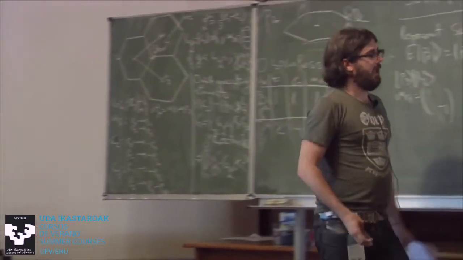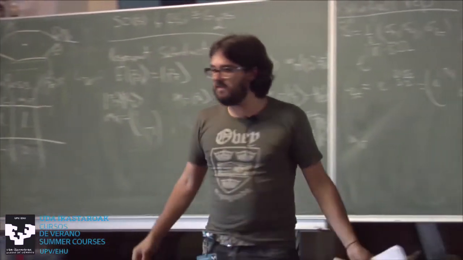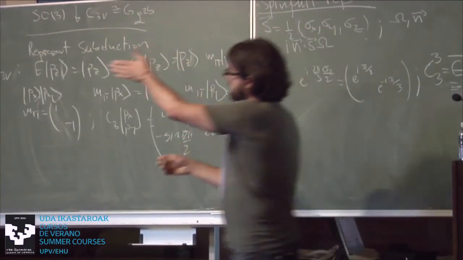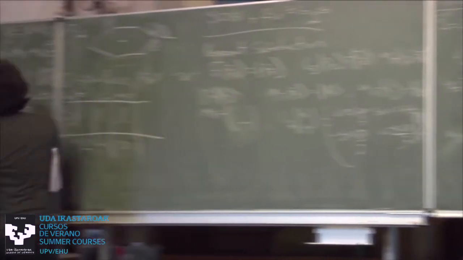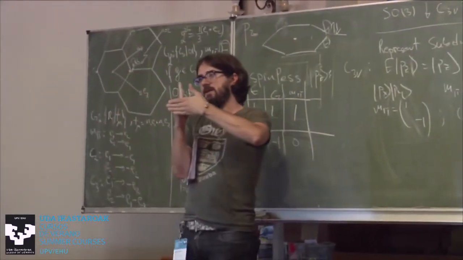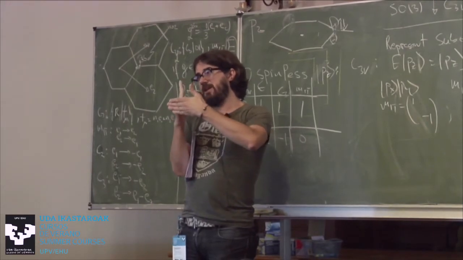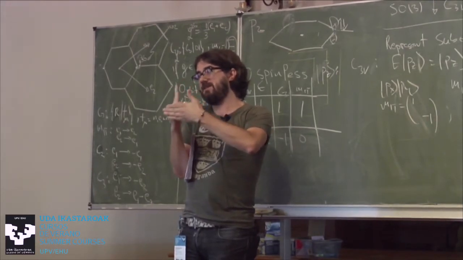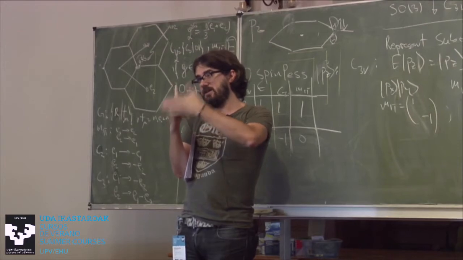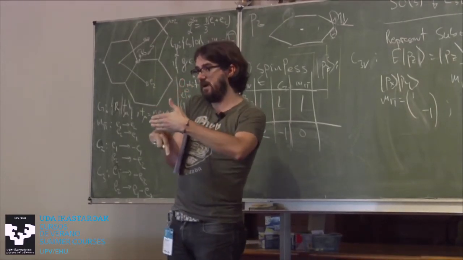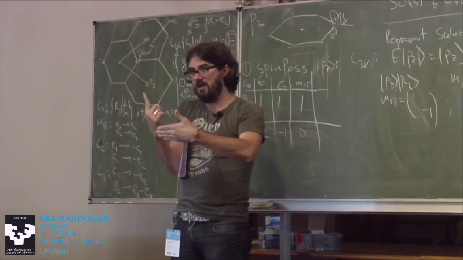And you can justify this in many ways. M11 bar is a mirror plane that goes through this like this, and mirror planes, the spins are spin up and spin down. It looks like they're parallel to the mirror planes, but spin is an axial vector. So what it does is it actually flips under planes that are parallel. So spin up flips into spin down, and spin down flips into spin up under mirror.